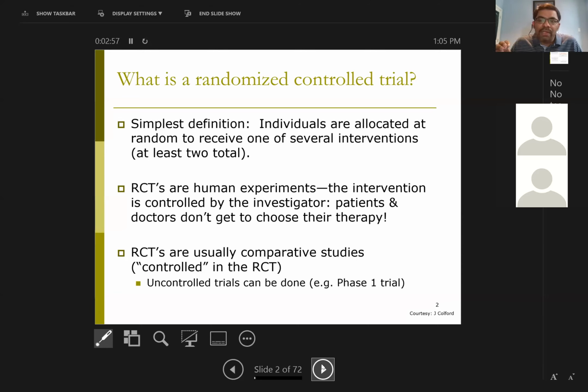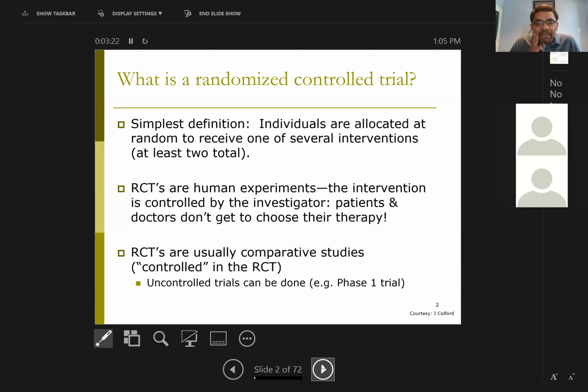It's no longer a real trial because patients decide to take something or not based on their perception of risk, based on other things, comorbid factors, and many other things that are beyond the control of the investigator. And the minute people are picking on their own, we are now in an observational realm. We're no longer in an experimental situation.